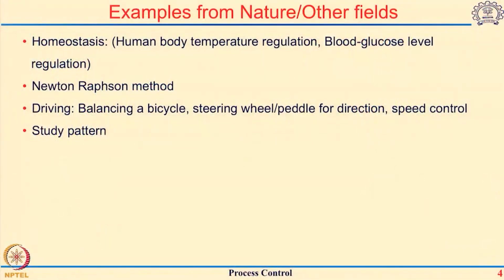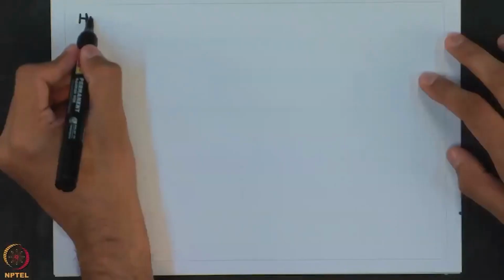There are lots of examples in nature which follow feedback strategy. For the next few minutes I will give you some examples where feedback control has been implemented by nature or man in domains outside of our chemical engineering. The human body is a very good example where there are lots of feedback control loops.